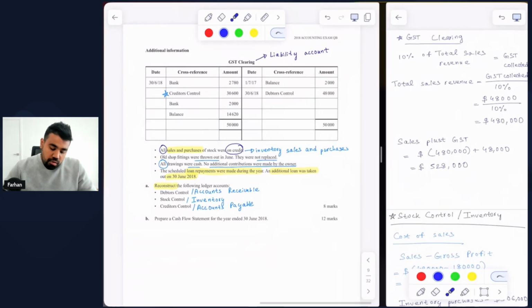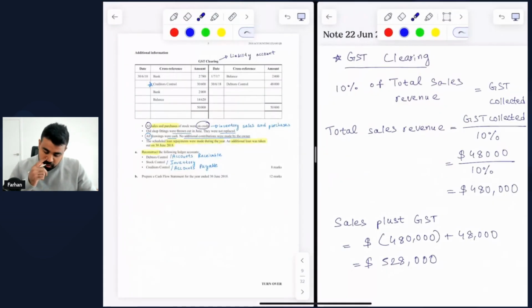All right, now on the right-hand side, you can get to see more workings. So we understand that from the GST clearing account, we have got the expected GST collections of $48,000 from our accounts receivable, which refers to the GST for all the sales that we have made for the year ending 30 June 2018.